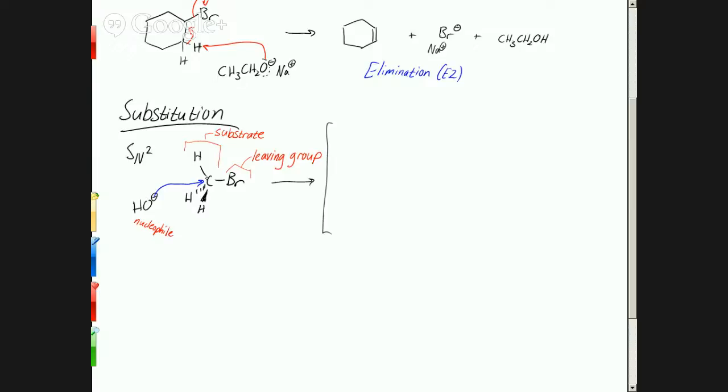So if we imagine this coming in, but just as this has come in, but this hasn't quite left yet, it might look something like this. This is called the transition state.